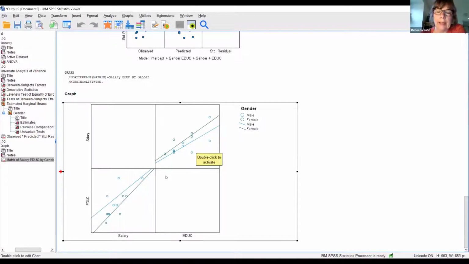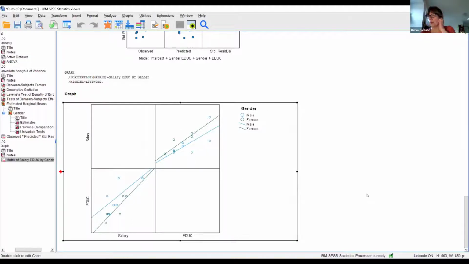So really what it's telling us is we have a positive relationship, because salary goes up as years of education goes up. But it's not a strong relationship. It's kind of all over the place.